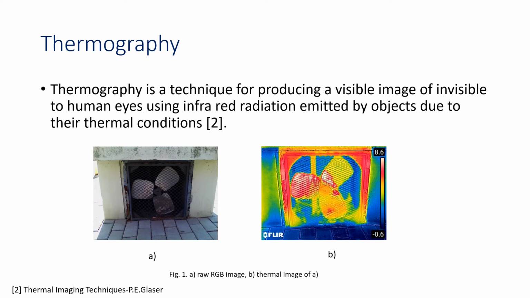On the right side of this thermal image, we have negative 0.6 degrees, the lowest temperature, while the hottest is 8.6 degrees because this image was taken during winter.